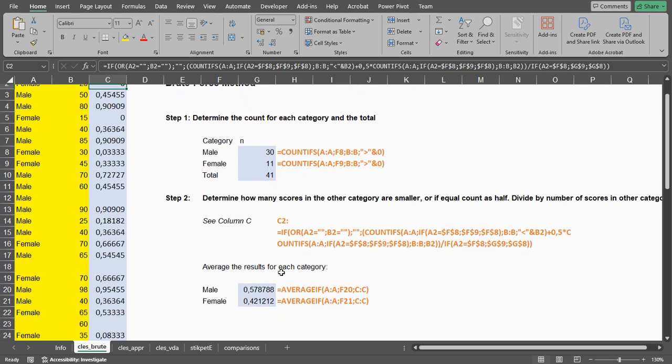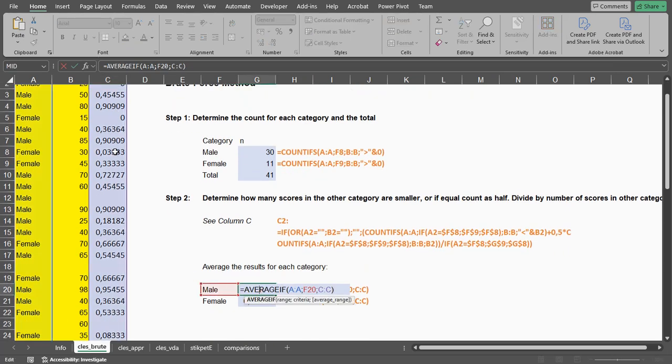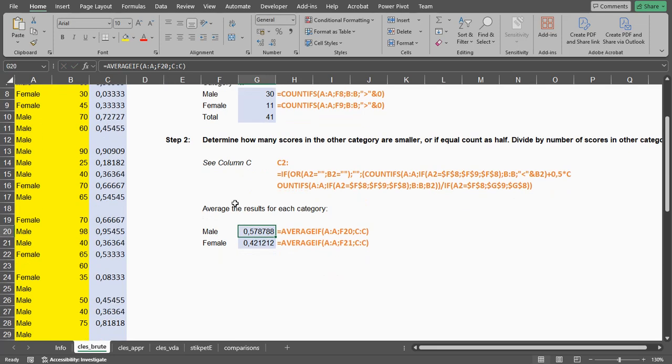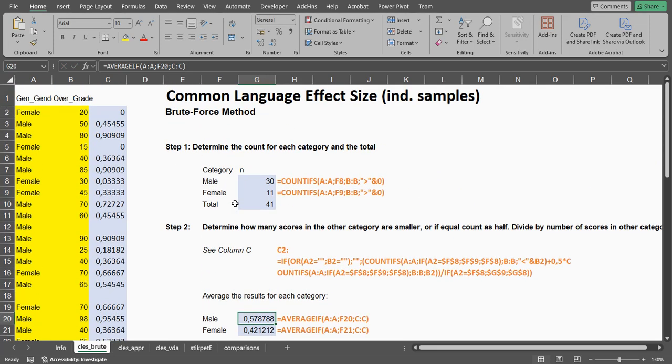After we have all of that, we simply average all of these results, and we have our common language effect size measure. If you want to ignore the ties, then you simply remove that half bit. So that's the straightforward way of calculating the common language effect size.